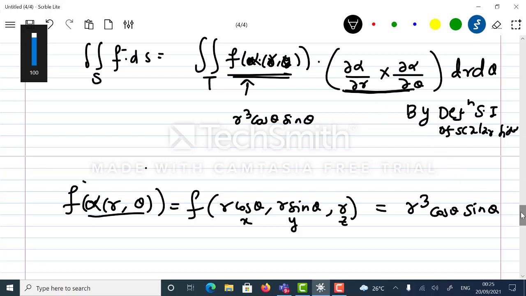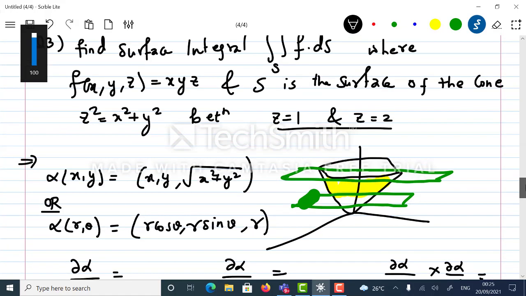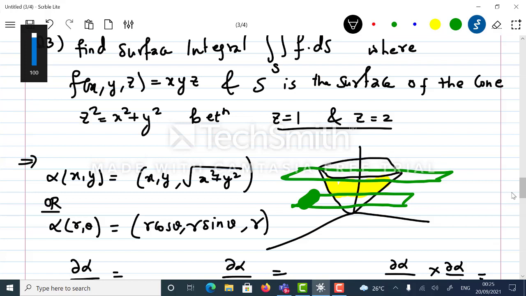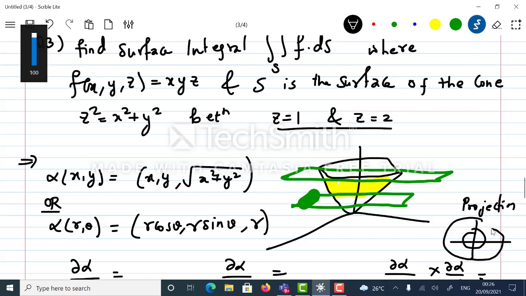You need to know what the projection is. If I take the projection of this, it will be two concentric circles: the first circle of radius 1 and the second circle of radius 2.